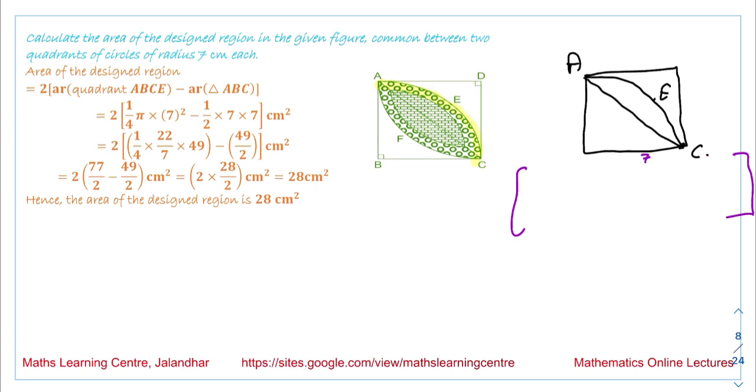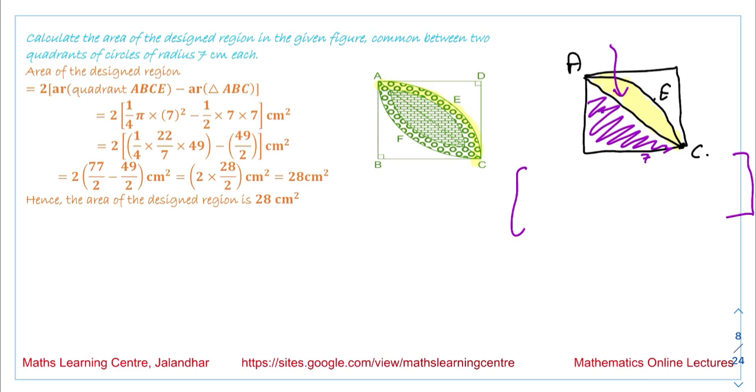So if we want to calculate the area of this portion, what we have to do is calculate the area of ACE, this whole sector, and subtract from it the area of this triangle, and we will obtain the area of this region.